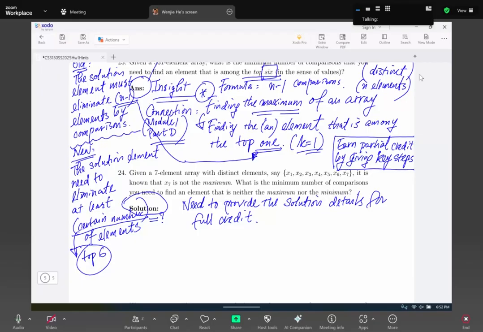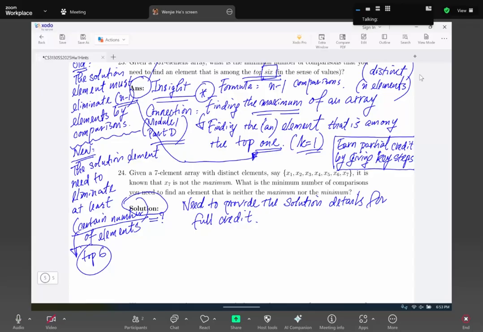Now even if your final answer is wrong, but if you provide some important steps, based on the information you provide, I can give you partial credit. So if your method is correct, then you can earn more partial credit.